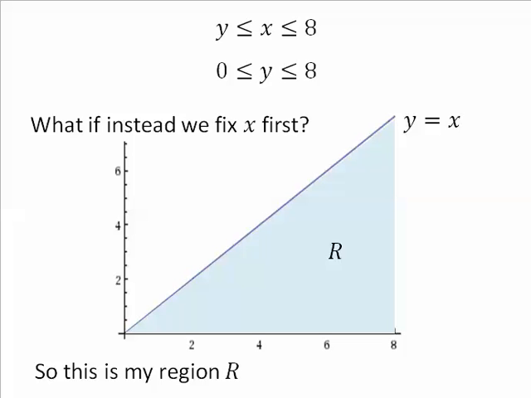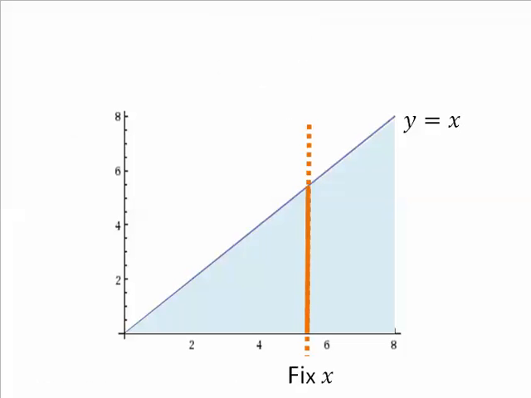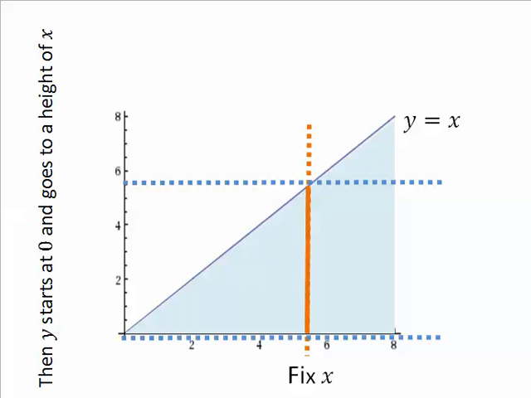What if instead we fix x first? If we're fixing x first, that means that we're first integrating with respect to y, which is what we want. If we fix x, then y will run between 0 and a height of x.